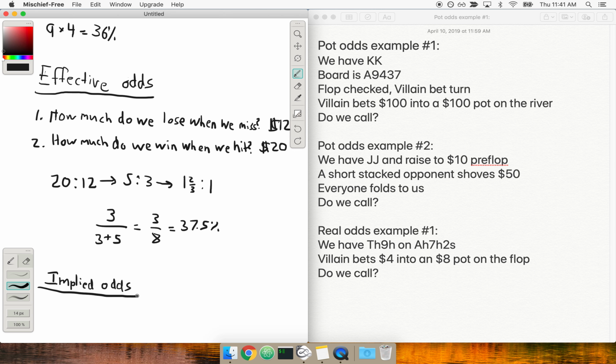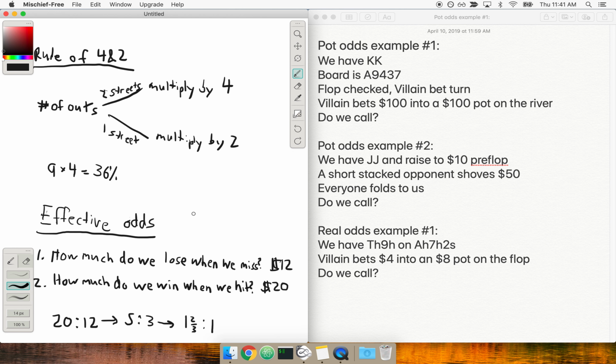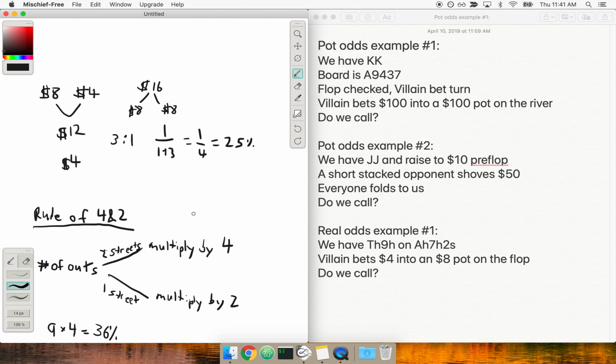So the thing with implied odds is we're going to assume that, on the flop, it's $12. He bets, we call. The turn, let's say we miss, he bets it again and we call. Let's say that we hit on the river. Well, when we hit on the river, the pot is going to be $32.